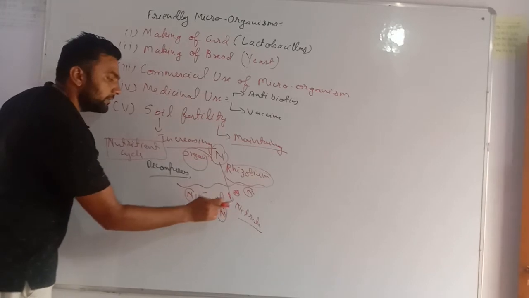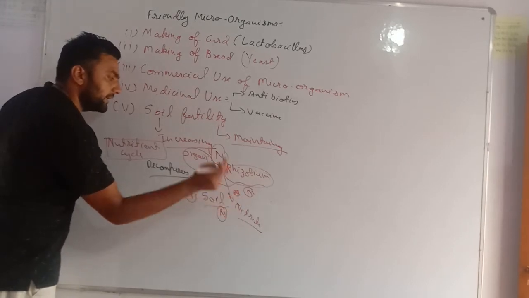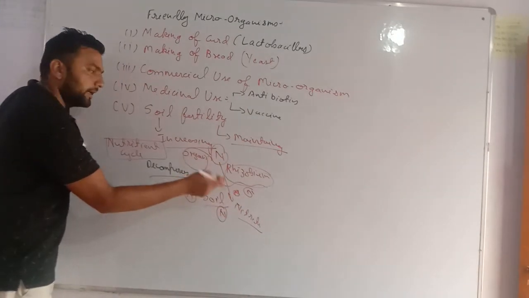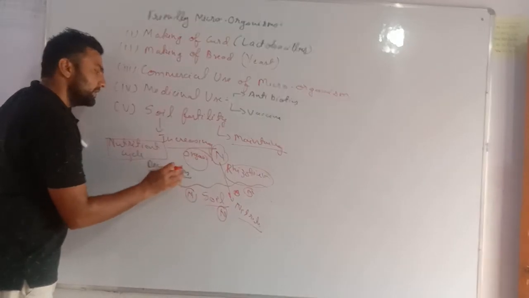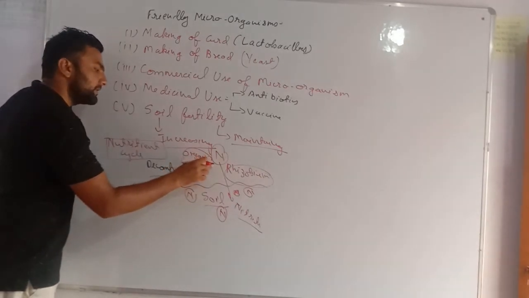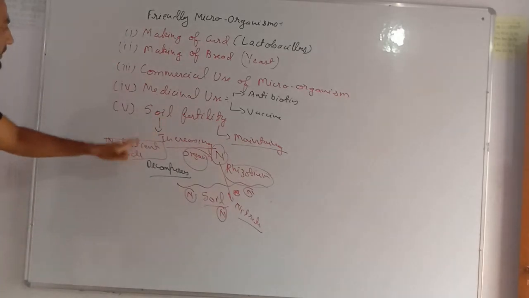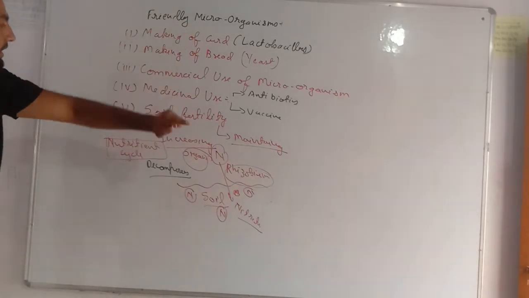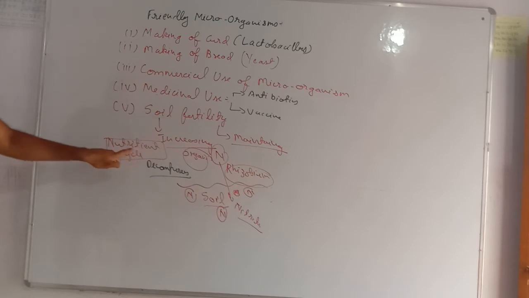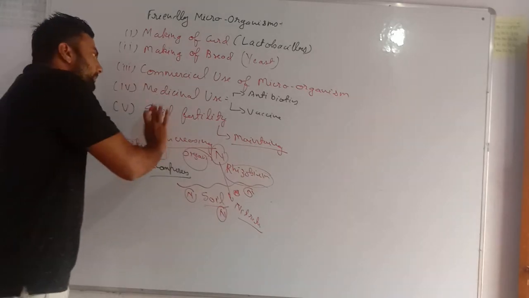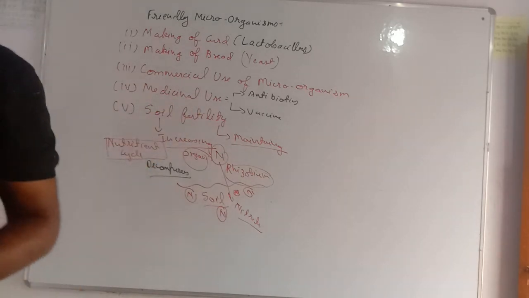These nutrients are taken by plants and again come back to living things. Again, these decomposers decompose these plants and give the nutrients back into the soil. So very important, these microorganisms are very helpful in maintaining the nutrient cycle and the soil fertility.